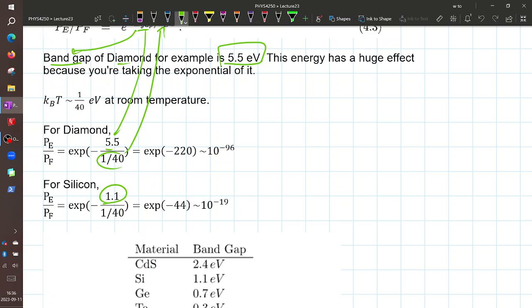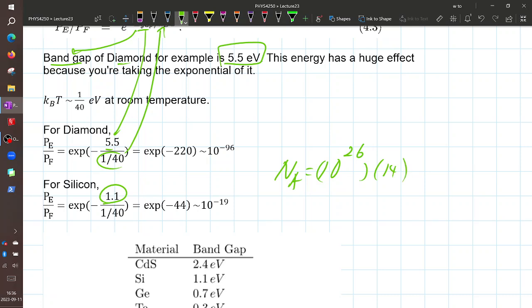Still very small. But how many electrons are there in a block of silicon? What would be approximately a number for that? 10 to what? 26, 27, yeah. Because Avogadro's number means 1 mole of silicon has 10 to the 26 atoms in it, and each silicon has 14 electrons around it.